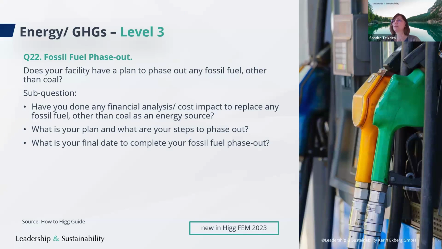Have you done any financial analysis of the cost impact to replace any fossil fuel other than coal as an energy source? What is your plan and what are your steps to phase out? And what is your final date to complete your fossil fuel phase out? So this question was also coming from the previous cadence, 2023.